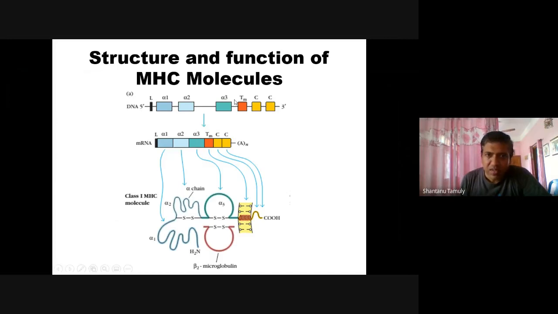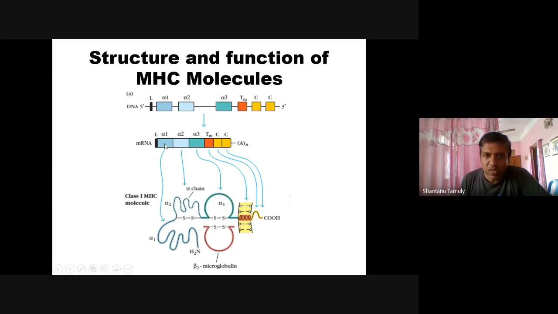So this part of the DNA is actually introns. They are removed and it is produced as one mRNA molecule, and from this one mRNA molecule a complete protein is produced.